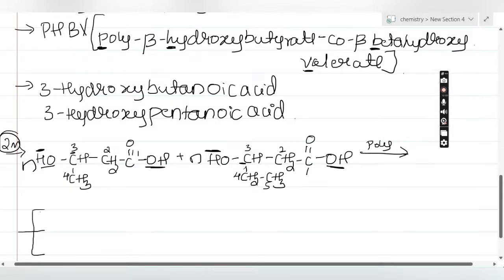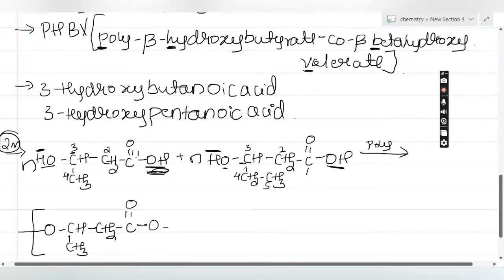Now you tell me, if H goes here, what is left out? O. That O is connected to CH, down you have a CH3, then we have a CH2, then we have C double bond O only because the OH has gone. Then this C double bond O connects to this oxygen because here the hydrogen has gone.